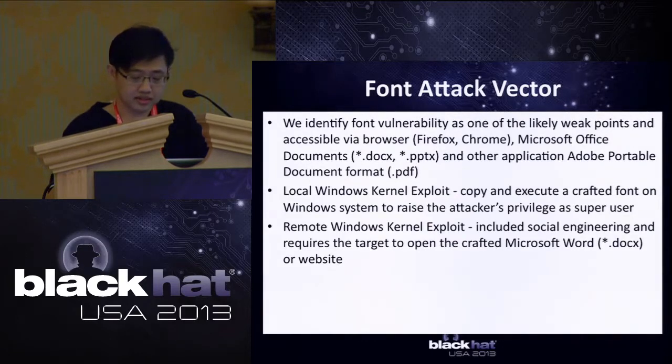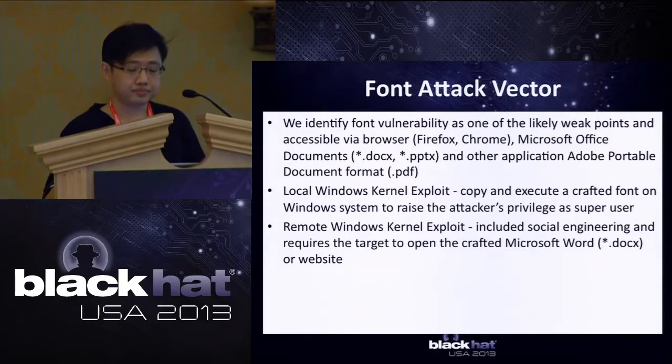And of course, the local Windows kernel exploit is always the most straightforward, by copying and executing the crafted font on the victim computer. And the remote attack is possible by using a little trick to embed the crafted font in an Office Word file or through a web page.